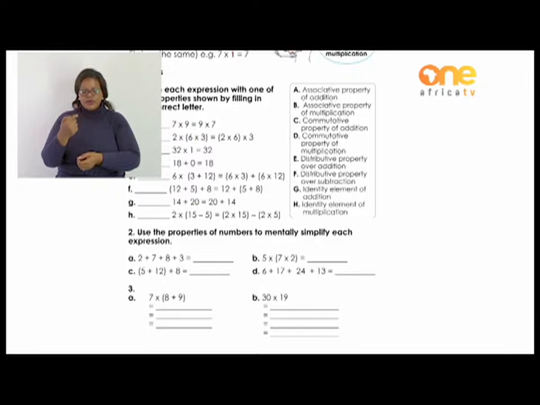Go to number 2. Use the properties of numbers to mentally simplify each expression. So what you are going to do here is, you don't need to show me your work. You have to do it in your head. For example, we have A. I think I have done A on the chalkboard.